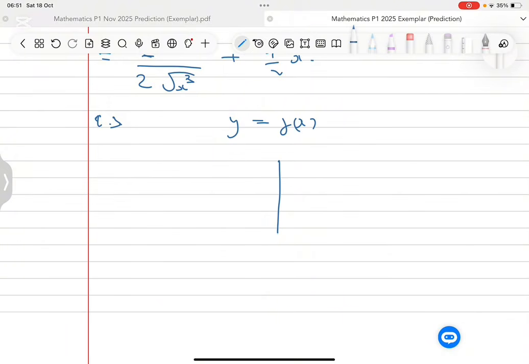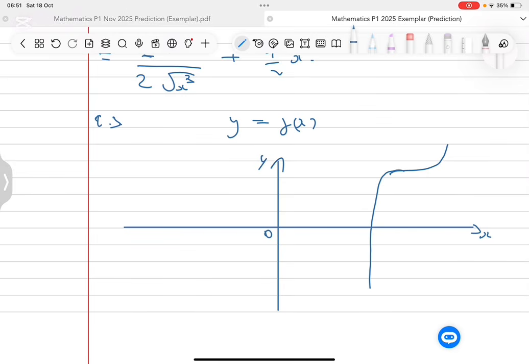So I'm going to draw a rough, quick sketch of what could be happening here. Suppose that my function has a shape such that it looks as follows. Let's say this is our function y equals f of x.